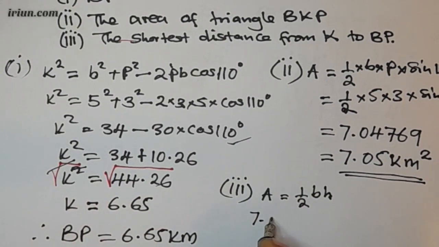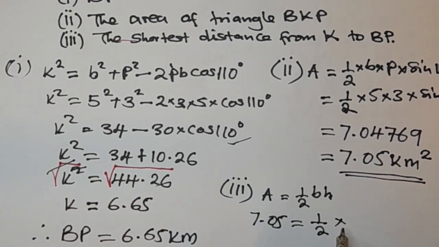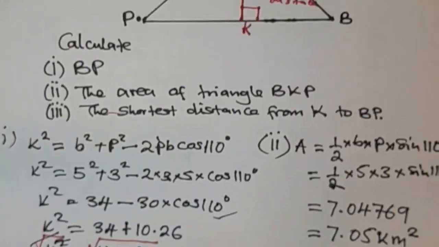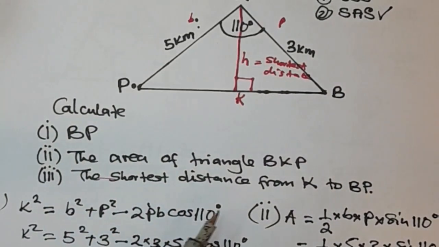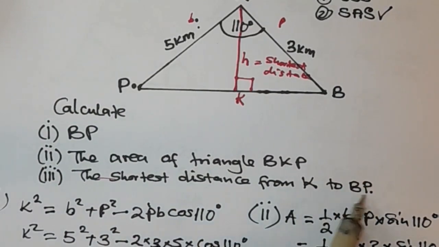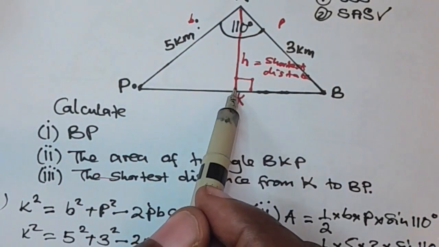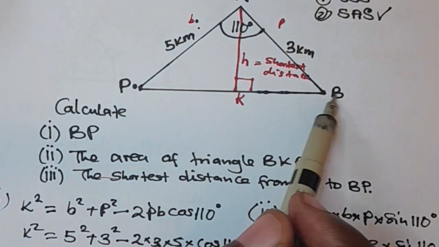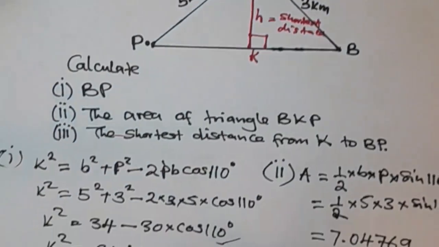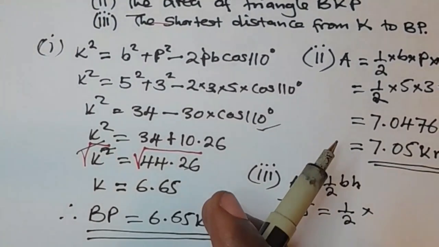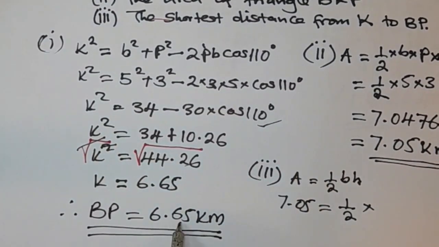So where there's area, we'll put that. So 7.05 is equal to half times the base. So the base is the line BP, is the distance BP. Okay? BP, because you are moving from there to join or to touch BP. So this now becomes the base. And we found that the base, which is BP, is 6.65.